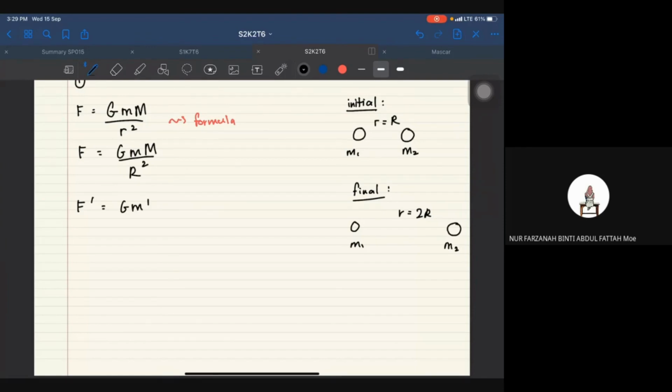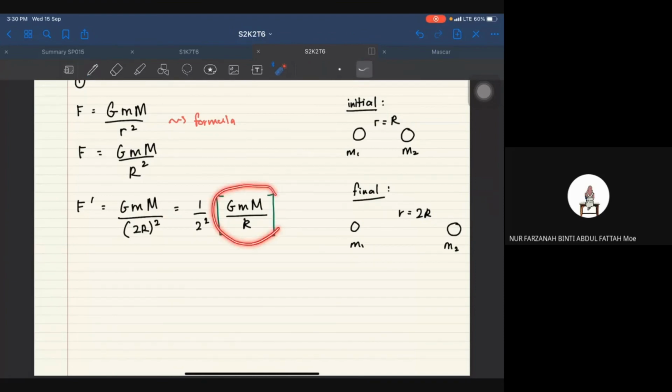So G M M. Jadi berapa bawah ni? Per berapa ni? 2R. Okay, 2R. Jangan lupa dia ada square kan? Square tu the whole thing. Sebab yang square tu adalah R tu. R tu yang kita substitute sebagai 2R kat sini. So 2R lah macam tu. So I can factorize the 2R tu. Dia jadi 1 over 2 square G M M over R. Okay. And yang belakang ni sebenarnya equal to apa?